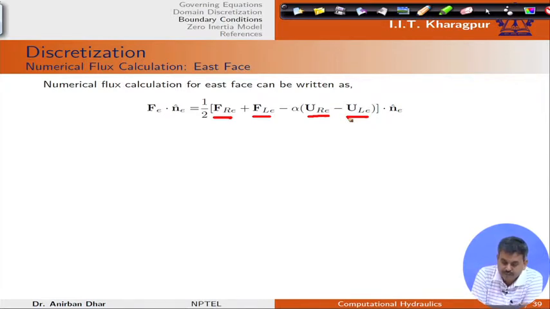So, with these values we can discretize our full flux terms, because in the groundwater equations we discretized the derivatives directly, but in this case we need to find out the flux values at the interface. That is why this part is important.